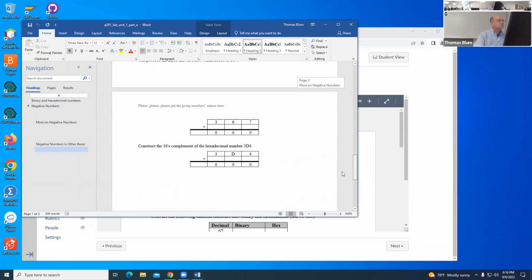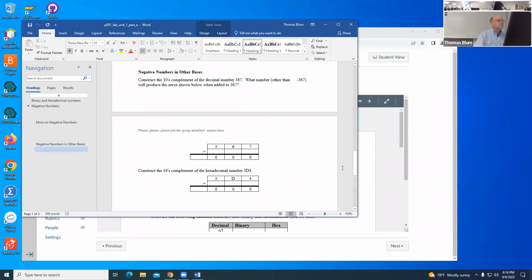So construct the... did you understand the 10's complement or not that either? Yeah, no, I got that one, but I didn't get this one.